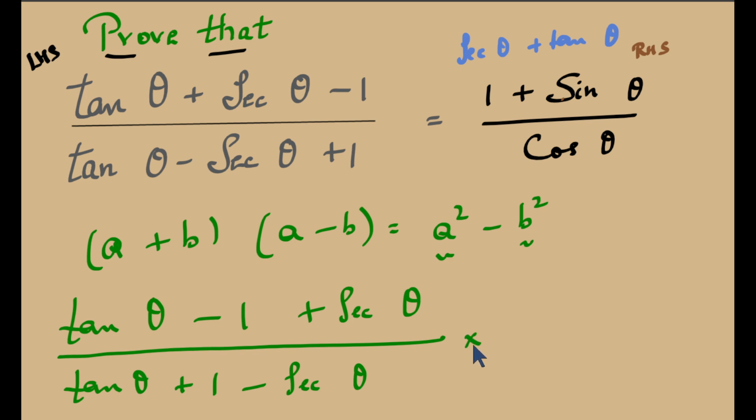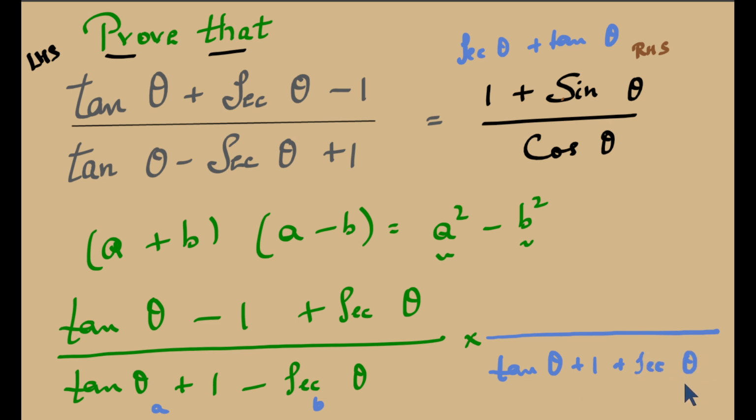Let us multiply this by, if you consider tan theta plus 1 as A and secant theta as B, this is A minus B. So let's multiply by A plus B. This is a popular method of multiplication. This is called the conjugate of the other. You will use it as and when you solve sums. So, tan theta plus 1 plus secant theta, right?